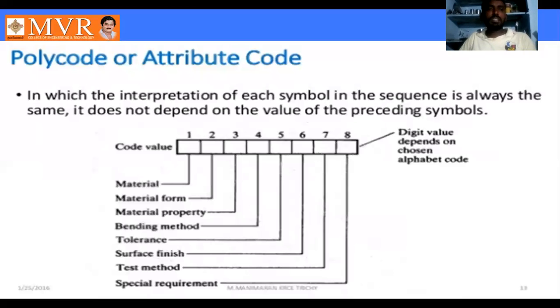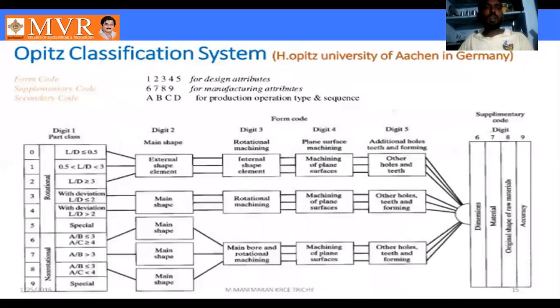Next we can see the Opitz coding system. The Opitz coding system is one of the examples of the hybrid or decision code.